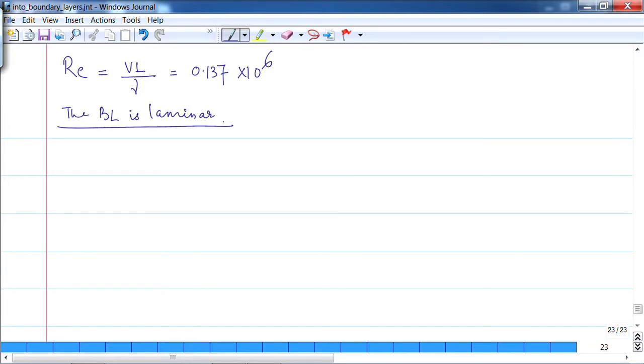I think it's very important to remember that of course you will be using formulae, for both laminar boundary layers and turbulent boundary layers. But you have to remember to check the Reynolds number, so that you know which zone of flow the boundary layer belongs to.